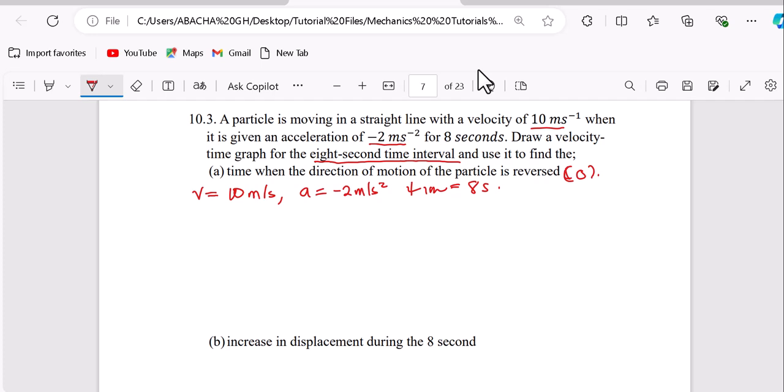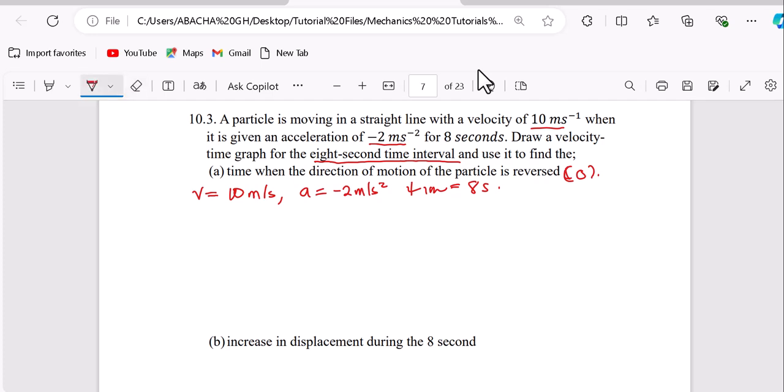And when velocity is negative, it means we are going in the opposite direction to the direction that we started with. So let's say if we're going here, it means we are now going here. Velocity being positive, we are going here. If it's negative, then we are going in the opposite direction. Okay, that's what you should know.